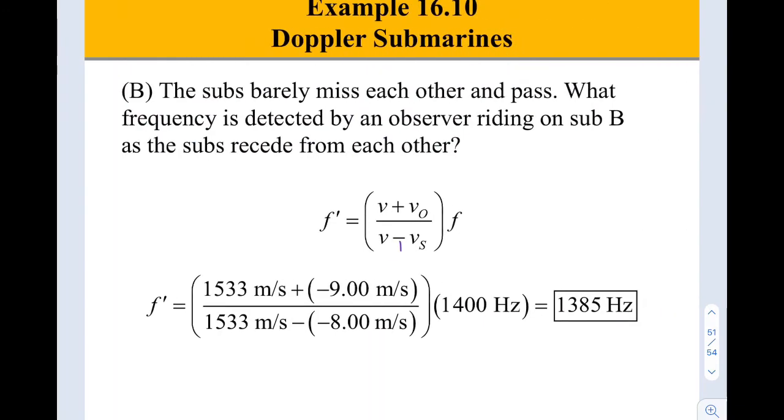Now the subs barely miss each other and pass. What frequency is detected by an observer riding on sub B as the subs recede from each other, so moving away from each other? For this case, again, madam is going to do it my way.